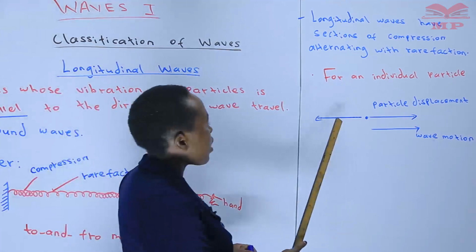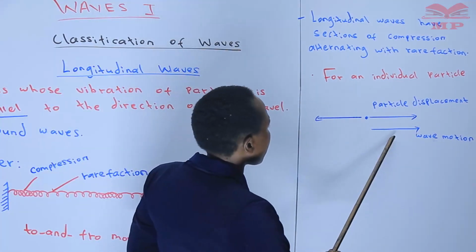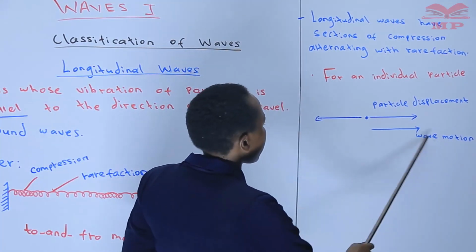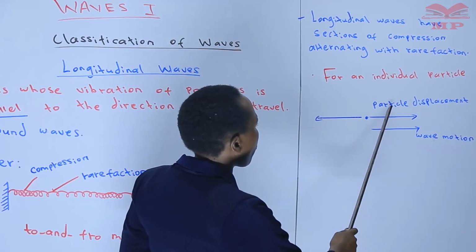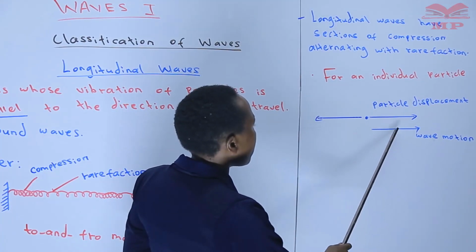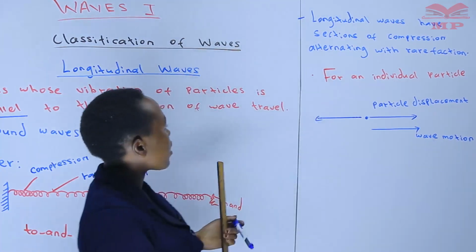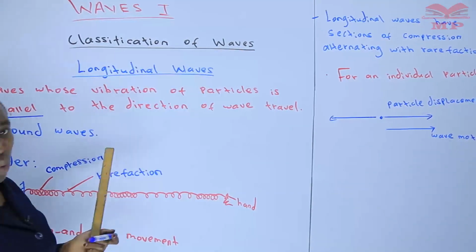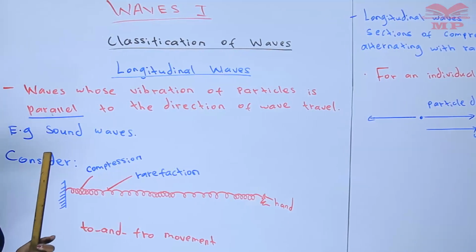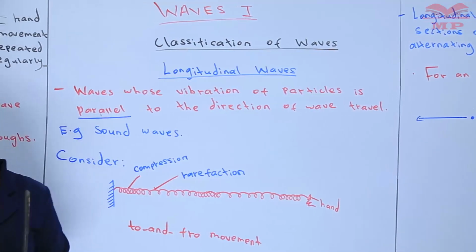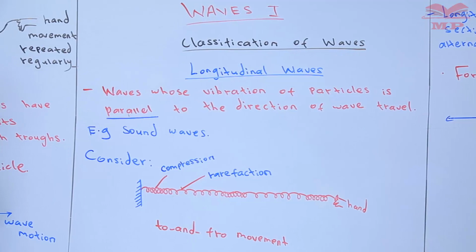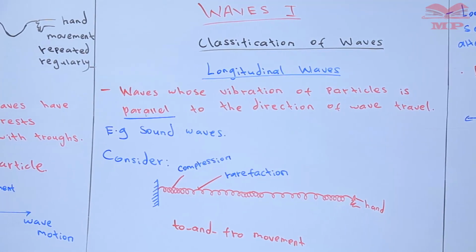So we have this particle displacement as the wave is moving in this direction. We can see the particle displacement is parallel to the wave motion. And that is a longitudinal wave. So for a longitudinal wave, the vibration of particles is parallel to the direction of wave travel.